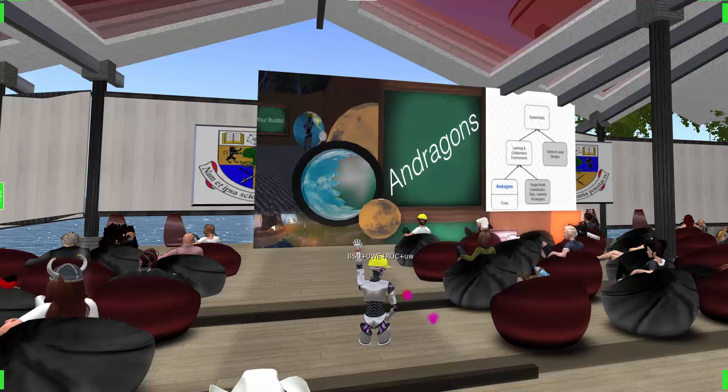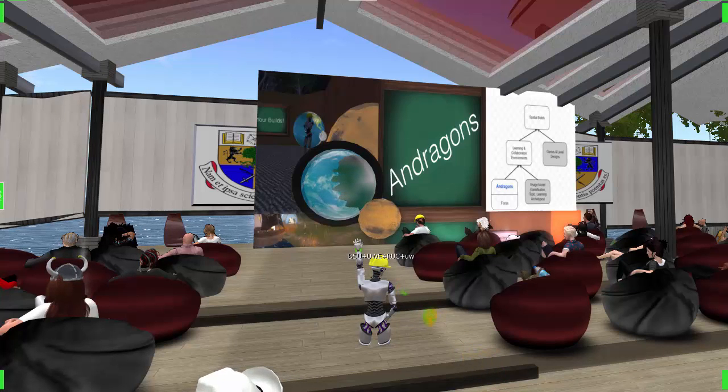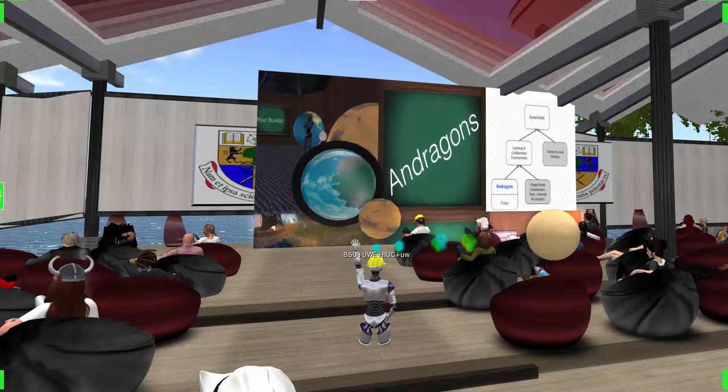So knowing what you know about the solar system, do you guys see any issues or problems with my diagram of the solar system right now?